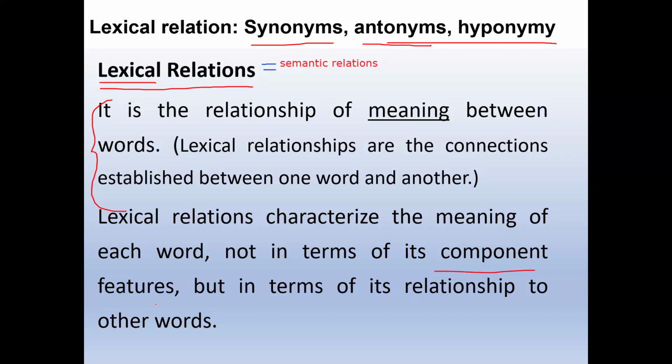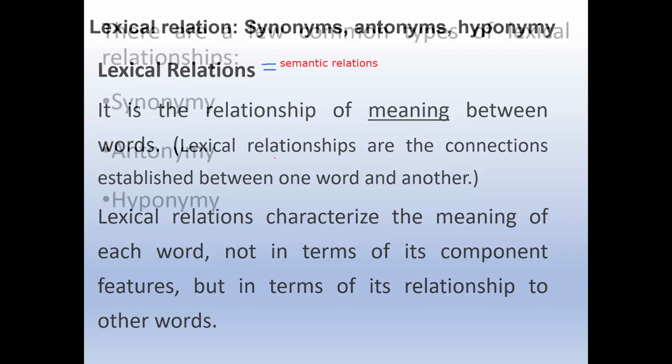So we don't pay attention to the word parts that are inside a word. Instead, we are going to understand how one word is related to another word based on their meanings. That is the idea behind the term lexical relations.